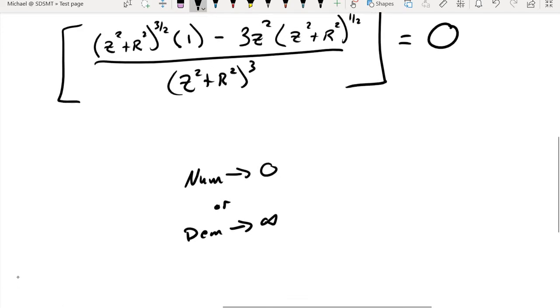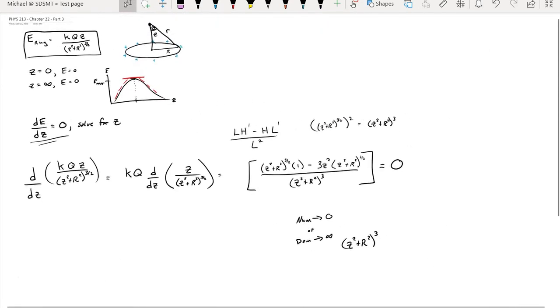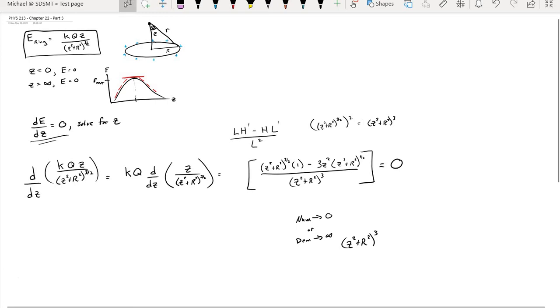Now, the denominator, (z squared plus r squared) to the 3rd power, we talked about a couple of different case scenarios where we could let z go to infinity, we could let r go to infinity. In those cases, yeah, if we allowed z and r to go to infinity, then we would achieve one of those extreme case scenarios. But keep in mind that we want to remain somewhere between 0 and infinity.